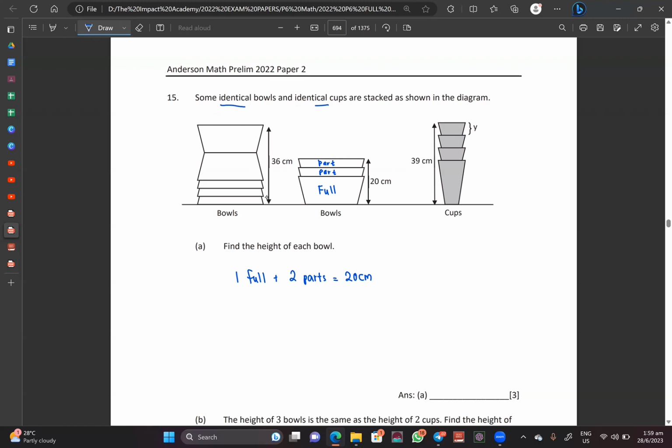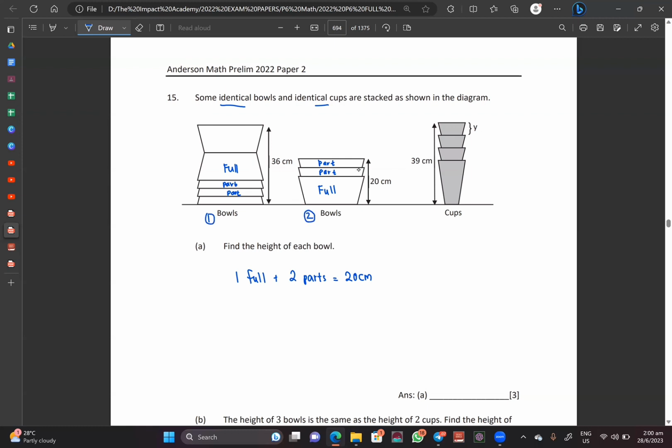As you can see over here, this is full, this is part, and this is part, and these bowls that I have identified are actually the same as the one in the second diagram. So let's call this the first diagram and this is the second diagram.